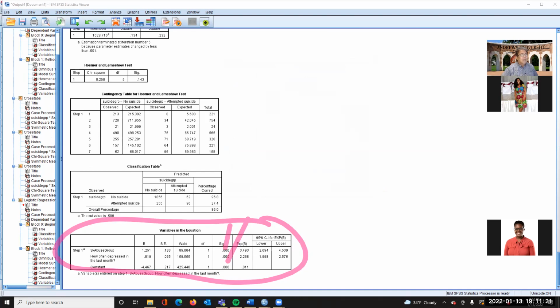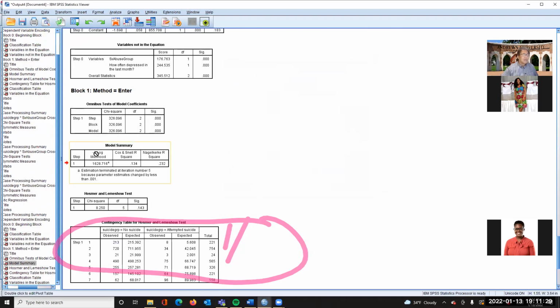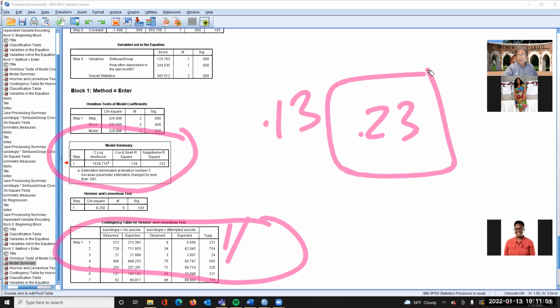How good is this model? We can look at the R squared. This is 0.13 or 0.23, depending on which one you look at, the Nagelkerke or the Cox and Snell. A lot of people use the Nagelkerke because it looks better.